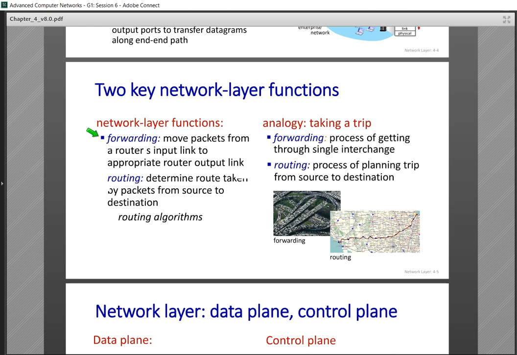Okay, moving packets from one router to another one, passing the packets until the destination. Receiving a packet from a source and forwarding it toward the next hop toward the destination of that packet.